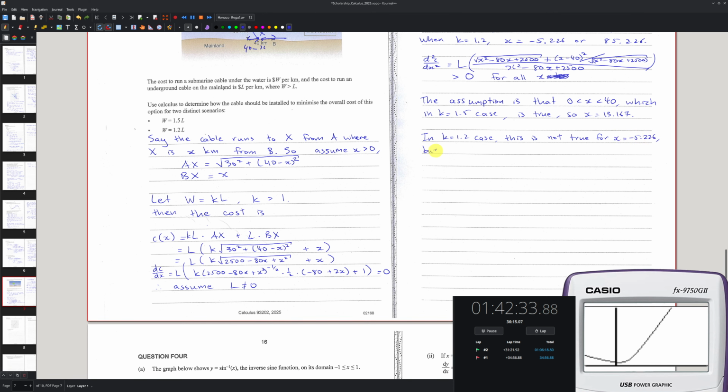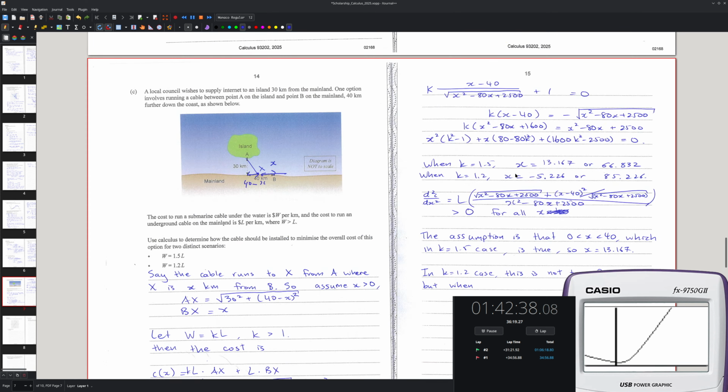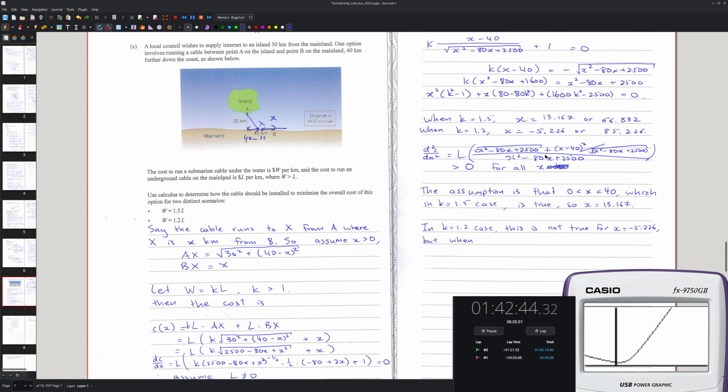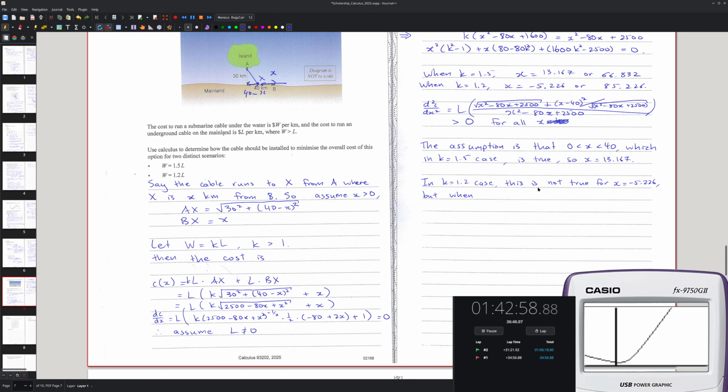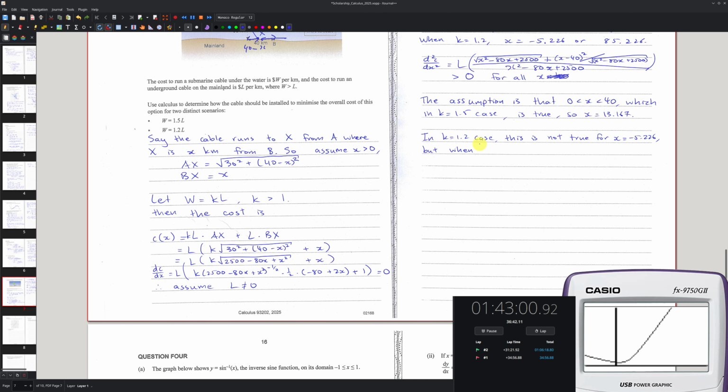So this step is only true assuming x is less than 40, right? That's why we get the fake solution, because this step assumes x less than 40. So x equals negative 5.26 is right?